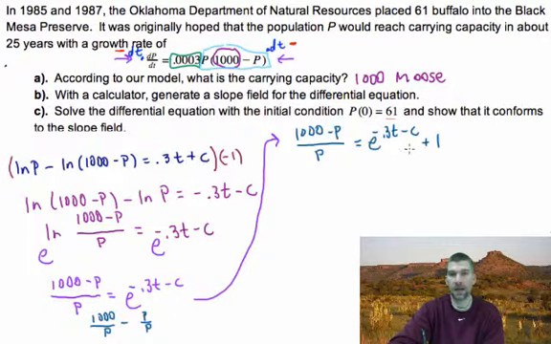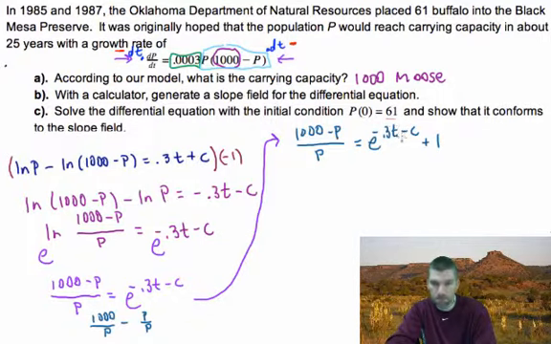All right, and then I'm going to remember also that I have this situation up here where I've got e to the negative 0.3t minus c.